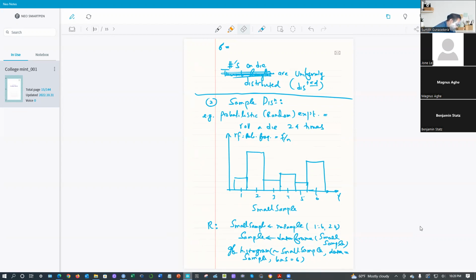Standard deviation of population and then giant sample. We found this one 1.7.